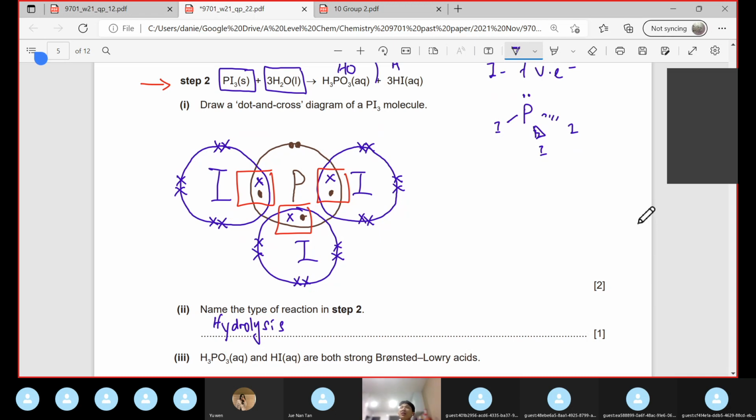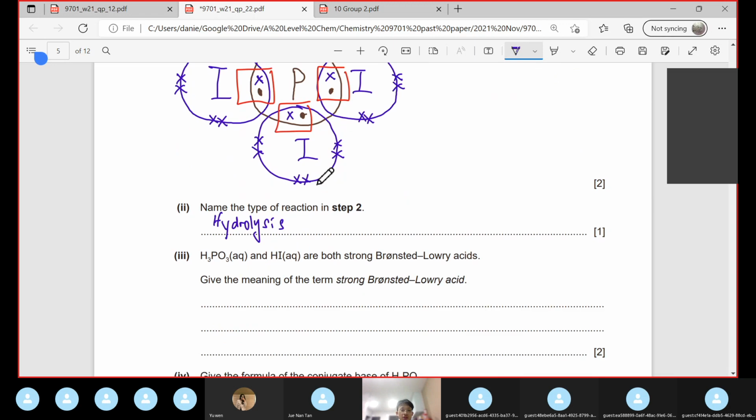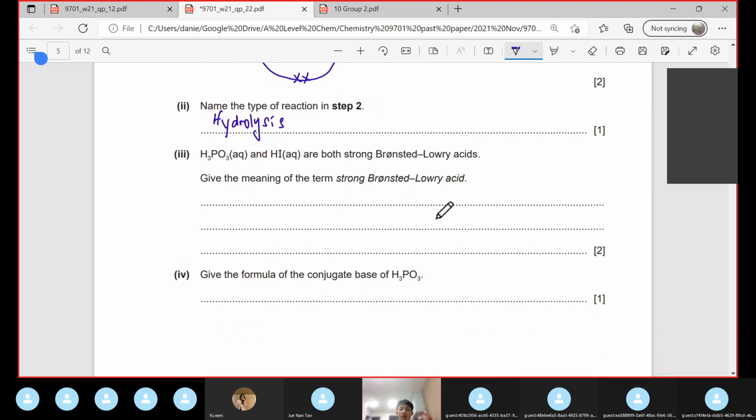I'm not sure, but a similar reaction, for example, SiCl4 reacting with H2O, is hydrolysis as well. All these you can notice. I remember it is period 3, chapter 9. You can find the similar reaction. So this we call hydrolysis. Make sure you know about it.